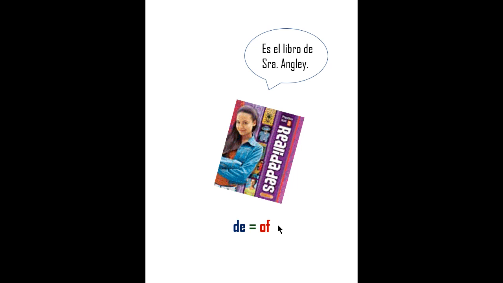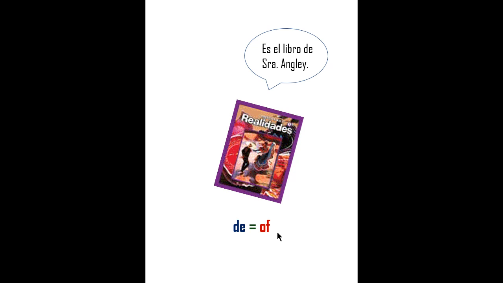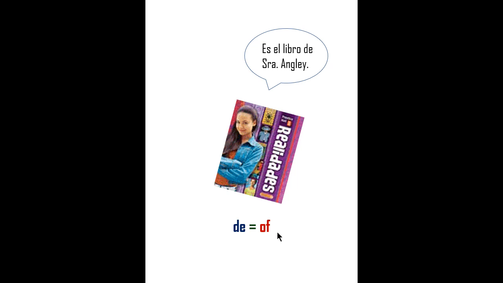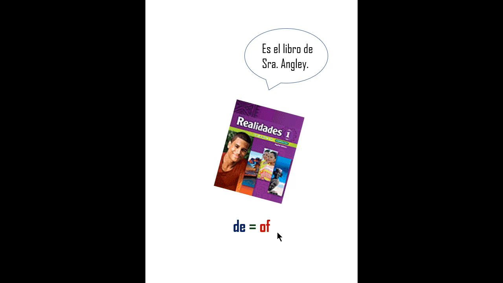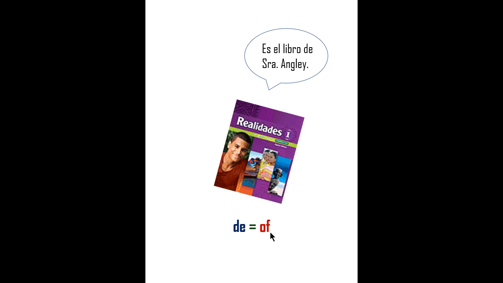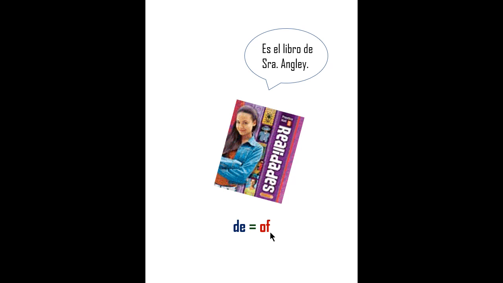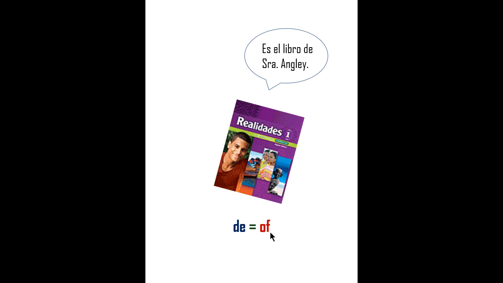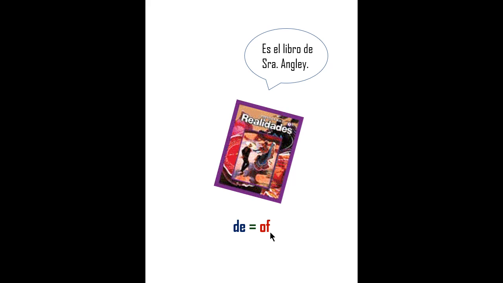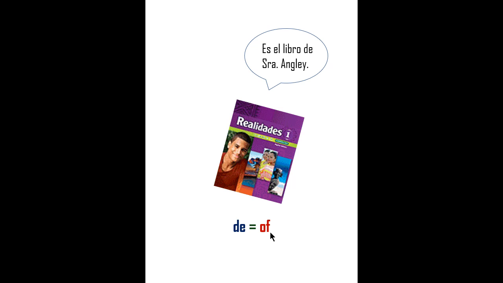Es el libro de Señora Angley. You will recall the title of your scrapbook project. You had to say libro de recuerdos, book of memories, de, of, and then you stated your name because you are the one that possesses the item. It's yours.